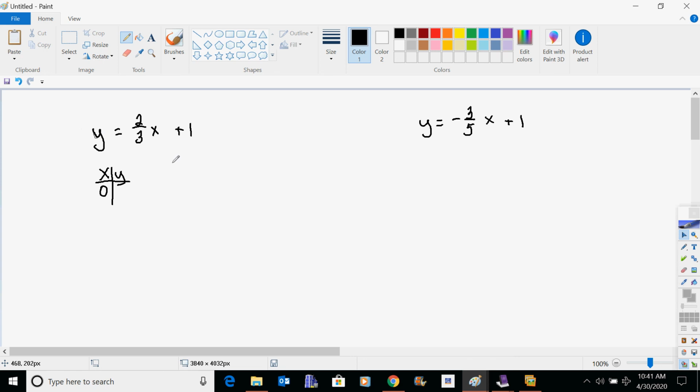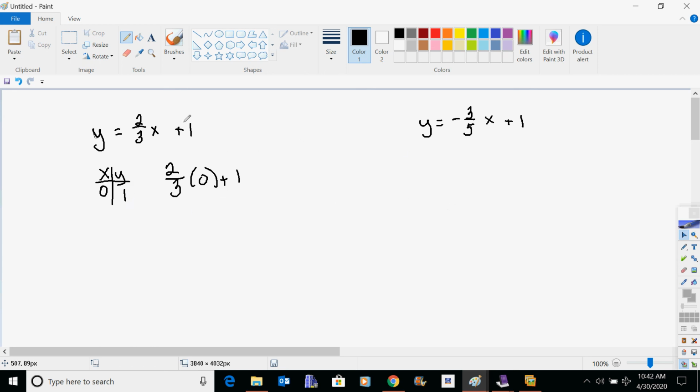And when it is in this format, when you have y equals a number times x plus a number, that means that this number comes out to be the y-intercept, because 2/3 times 0, anything times 0, plus that number gives you your y-intercept. So our y-intercept here is 1.